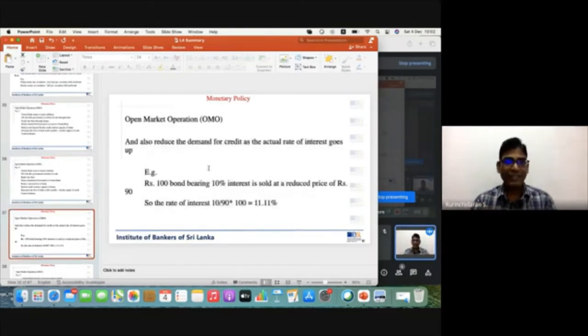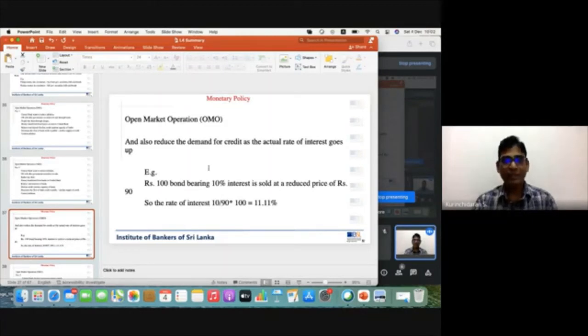Okay, and then sometimes open market operations also reduce the demand for credit as the actual rate of interest goes up.